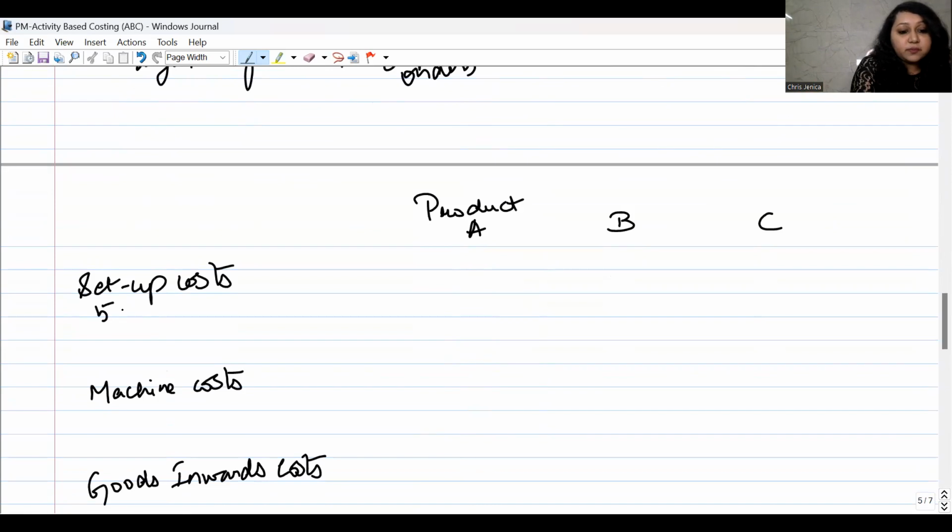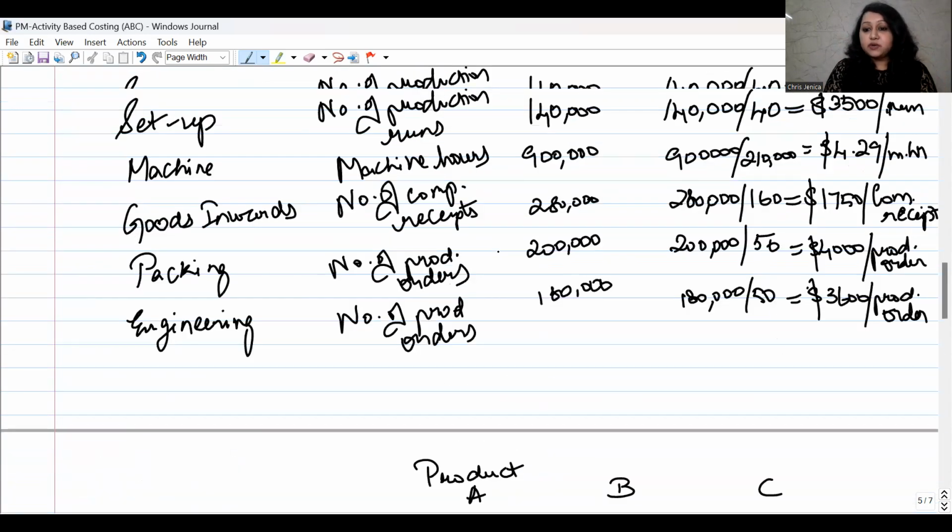So 5 production runs into $3,500 will be 17,500 for product A. So this is the total setup cost allocated to product A. The number of production runs for producing product A was 5 runs, and we had found out the cost per production run, that is 3,500. How did we find out?